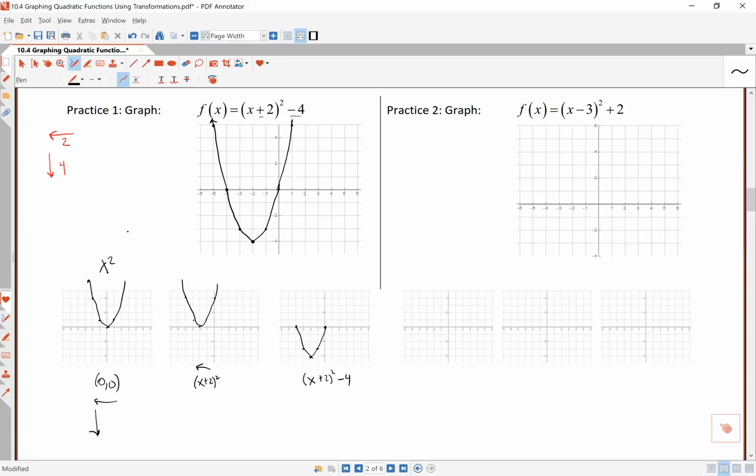Whereas in practice 2, the x minus 3 squared means to move right 3 and up 2. So starting with the graph of f of x equals x squared, the minus 3 means we'll move it to the right 3. The plus 2 means we'll shift it up 2.